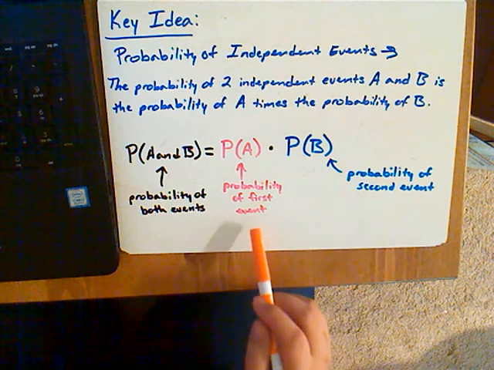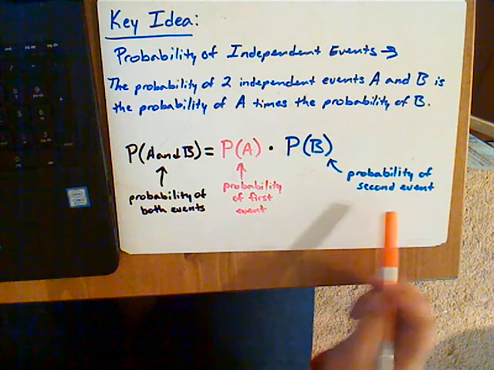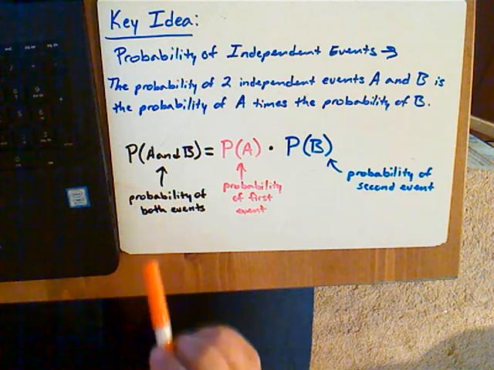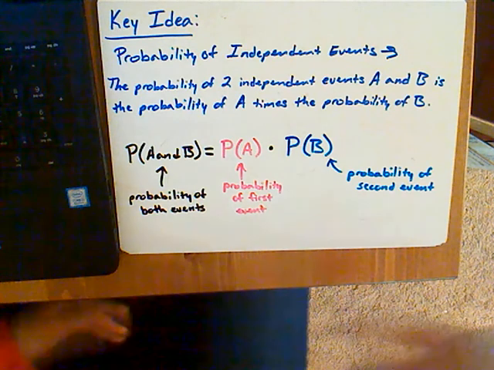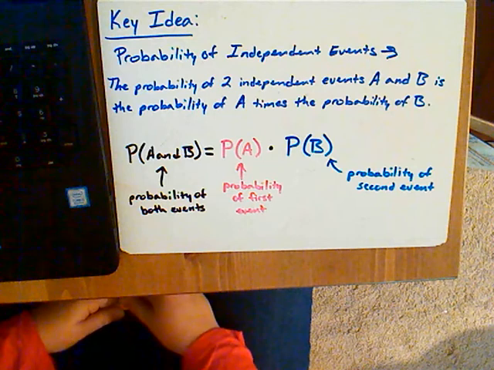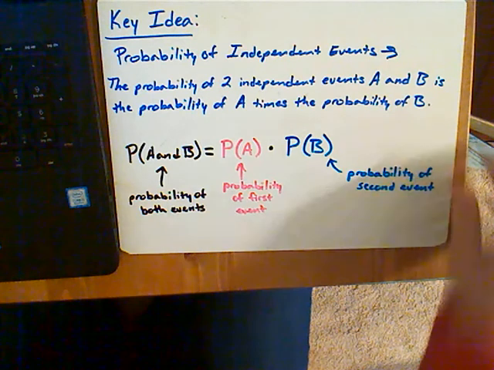The probability of the first event multiplied by the probability of the second event gives you the probability of both independent events. This is how you can find the probability of them. And so we're going to look at an example of this.